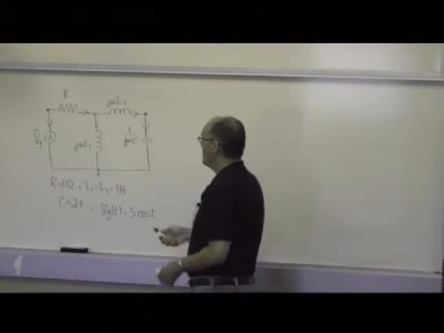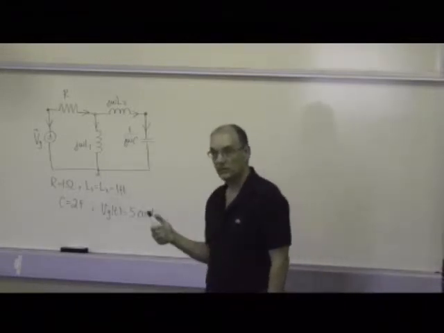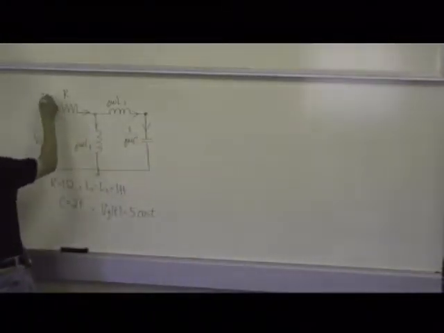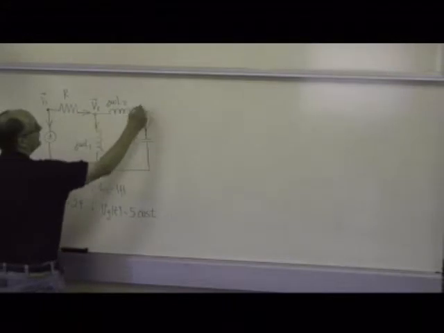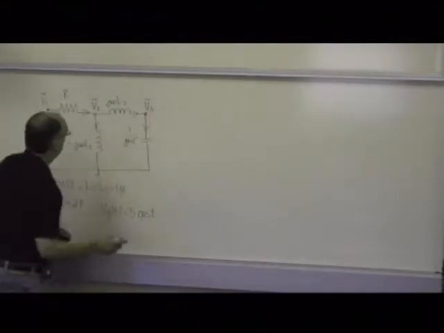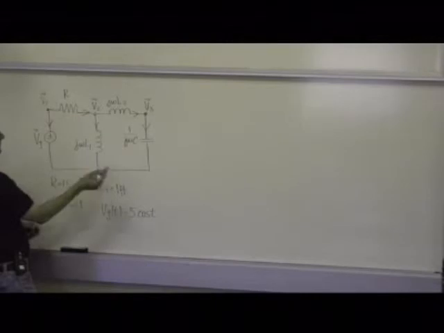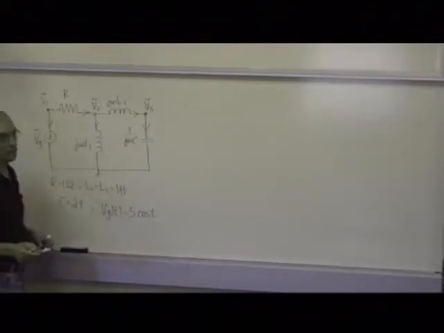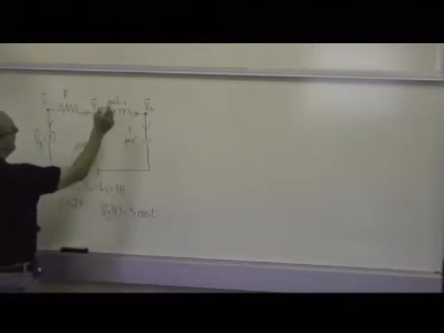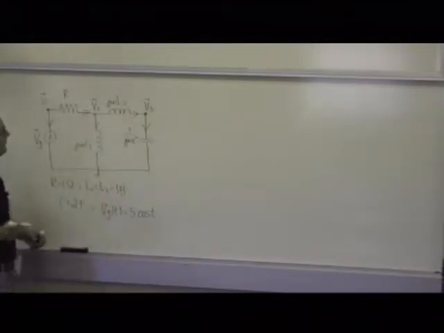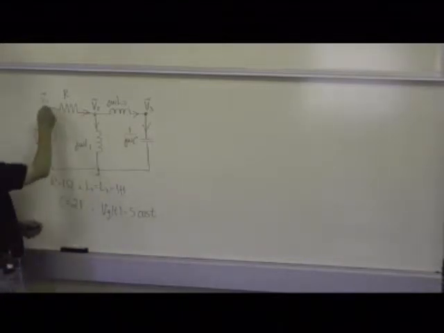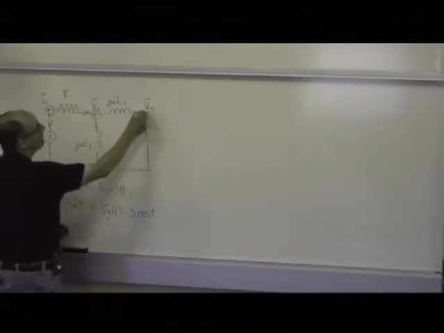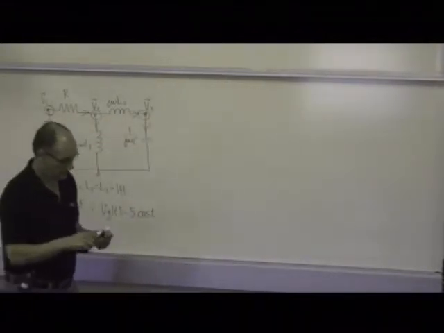In this case, we have 3 nodes plus the reference node. So we're going to end up with 3 node voltages, V1, V2, and V3. And every one of them, as I mentioned earlier, is really the voltage from that node to the reference node. But it's much more compact and just associated with individual nodes. And what I have to do now is write out Kirchhoff's current law around each of the 3 nodes.